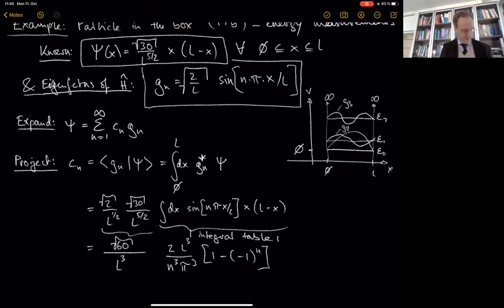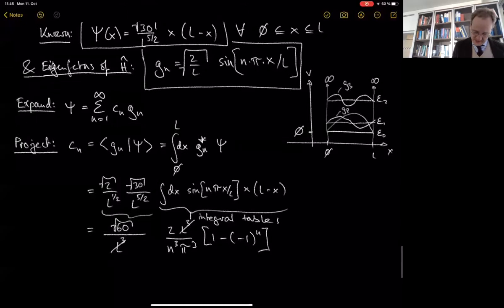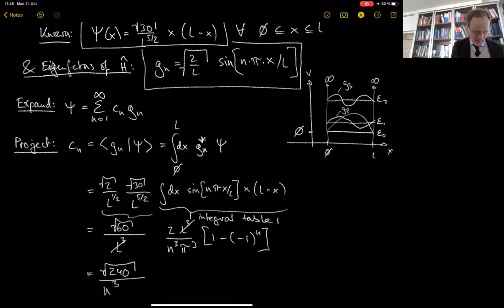bracket closed. And now you see, of course, immediately this thing cancels, and 2 is the square root of 4. So 60 times 4 is 240. We keep the square root over n to the 3, pi to the 3, 1 minus 1 to the n.